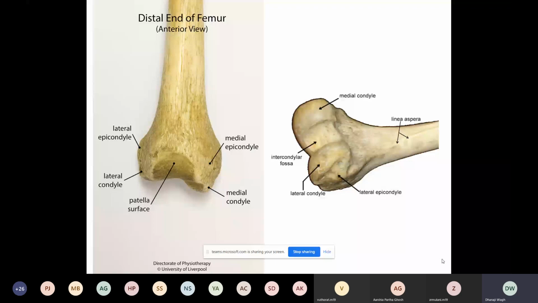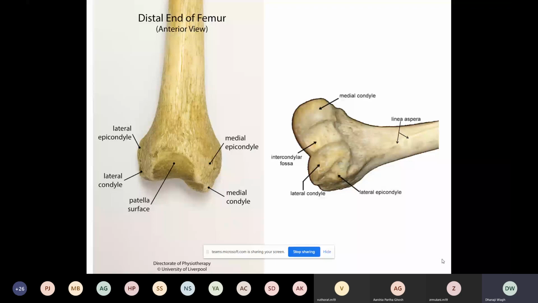In the anterior view, the two condyles are united, but posteriorly there is a deep gap, called the intercondylar fossa or intercondylar notch, and it projects backward much beyond the plane of the popliteal surface. Below the linea aspera label, there is a flattened surface, called the popliteal surface.